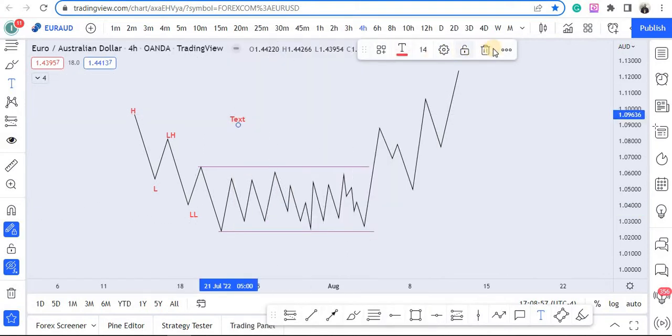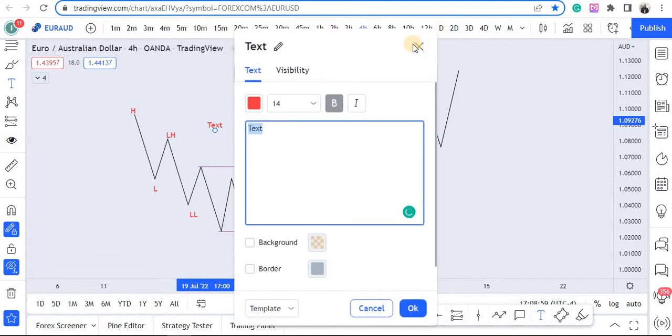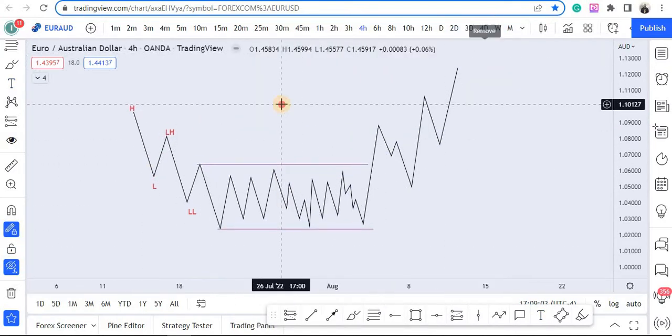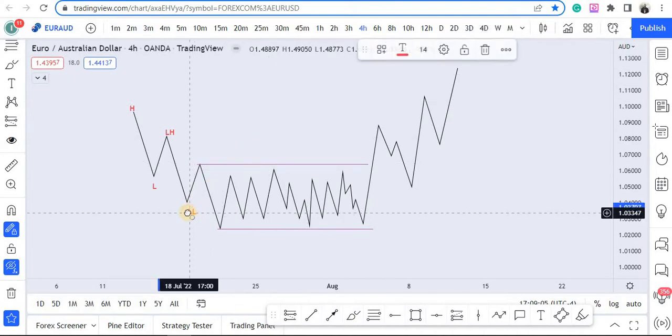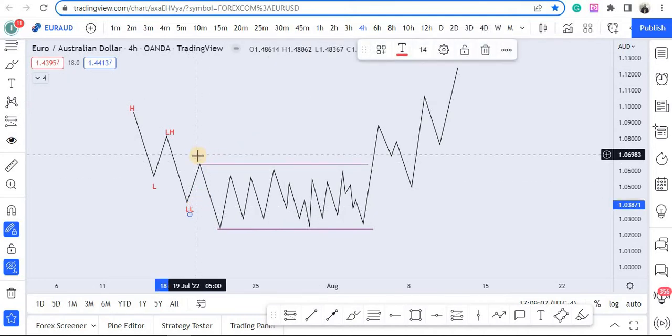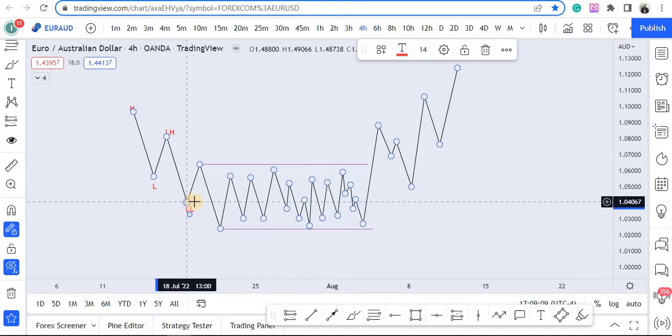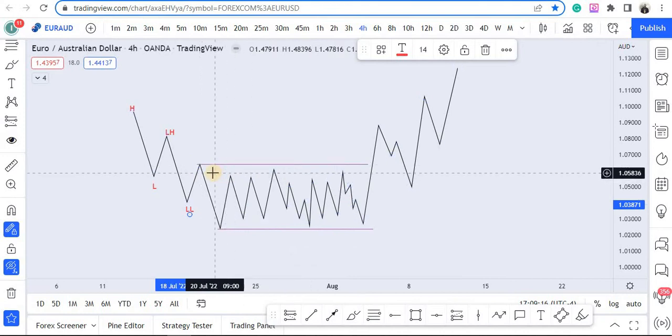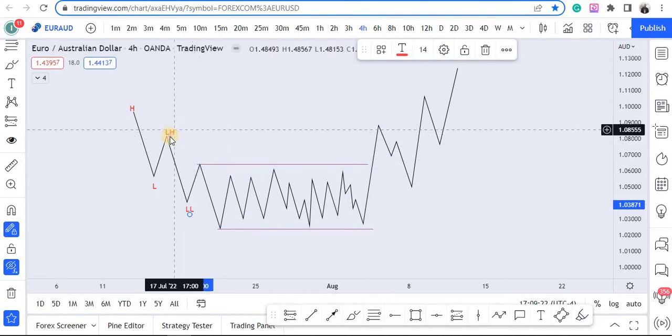As you can see, the market was able to break this low, yes, but the market was not able to break this low. So we are now in a range. It wasn't able to break this low and was not even able to break this high. This is a lower high.